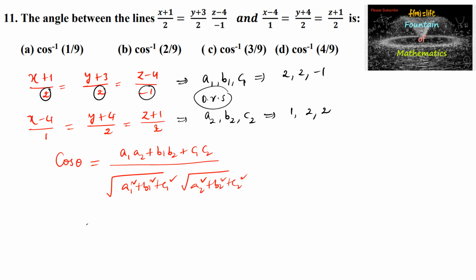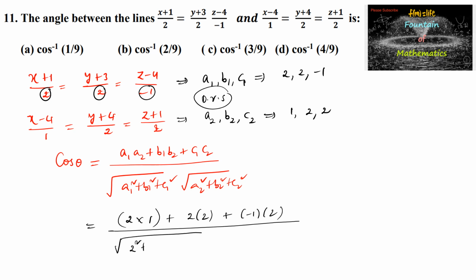So we can write here a1 is 2 into a2 is 1, 2 into 1 plus 2 into 2 plus c1 is minus 1 into 2, divided by root of 2 square plus 2 square plus minus 1 whole square into 1 square plus 2 square plus 2 square.